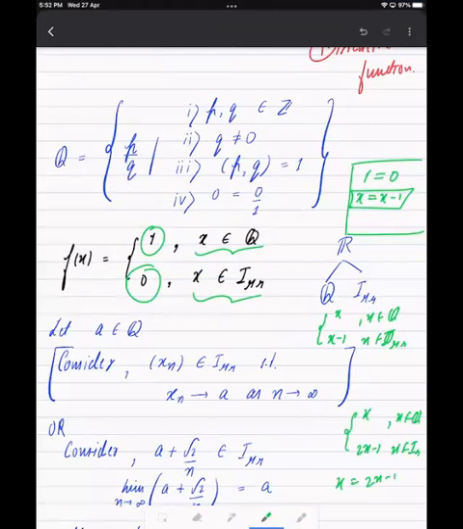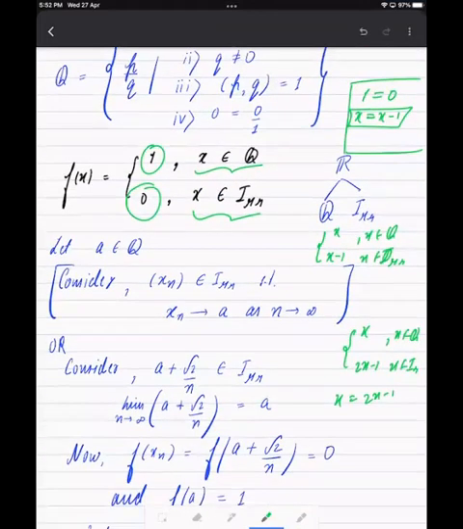What is the value of x for this? x is equal to 1. So f of x is equal to 1.